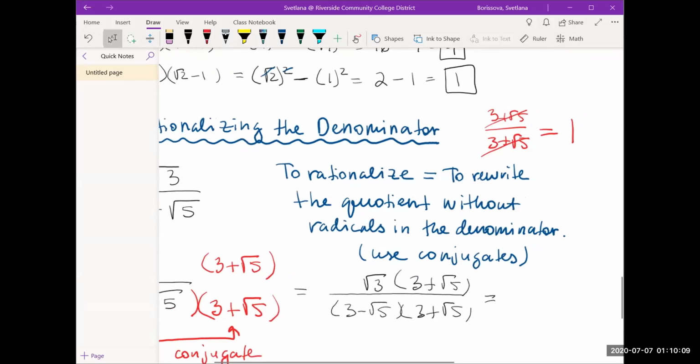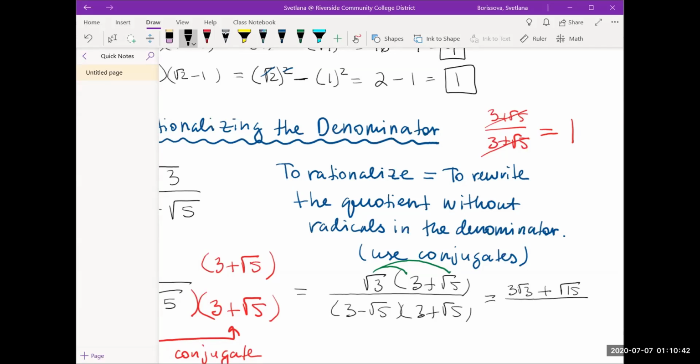To multiply square root of 3 by 3 plus square root of 5, we just distribute. For the first product, those 3's cannot see each other, one is inside, one is outside, so I just put 3 square root of 3. But square root of 3 times square root of 5, those two can see each other, so 3 times 5 can be multiplied, and that's going to be square root of 15.